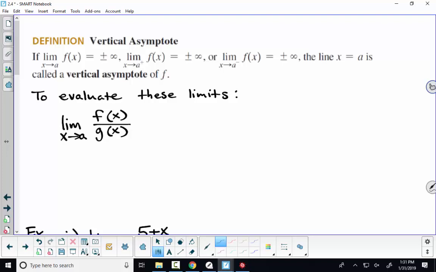Let's just say the limit as x approaches a. So if we have this limit we're evaluating, and the limit of the numerator portion, the limit on f of x, is finite. In other words, when we compute this limit, our numerator is coming out to equal some number, positive, negative, doesn't matter.